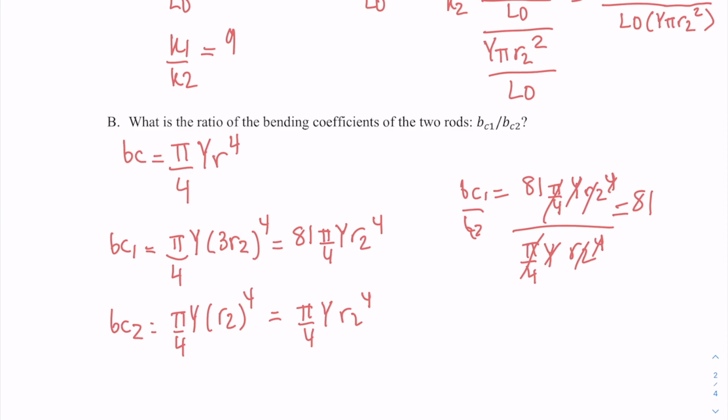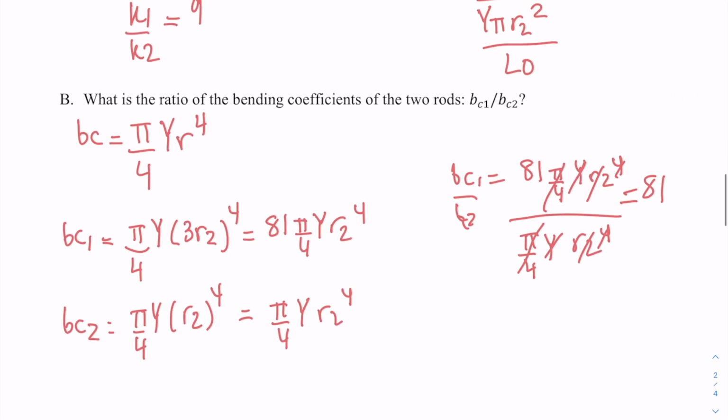But for bending coefficient, the units are newtons times meter squared, not newtons divided by meter squared. And newtons times meter squared, you can also write as joules times meters. So those are the SI units for bending coefficient.